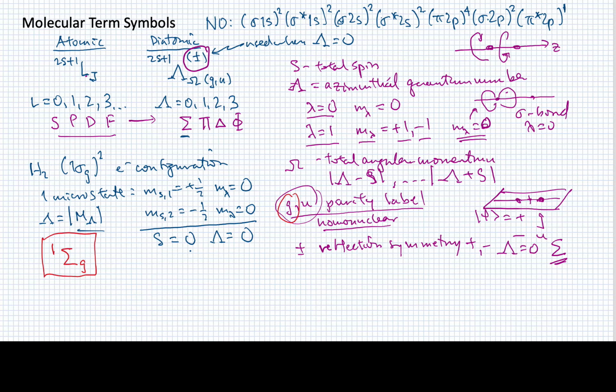Well, let's do one a little bit more complicated. I've drawn up here the electron configuration for NO as we found it before.